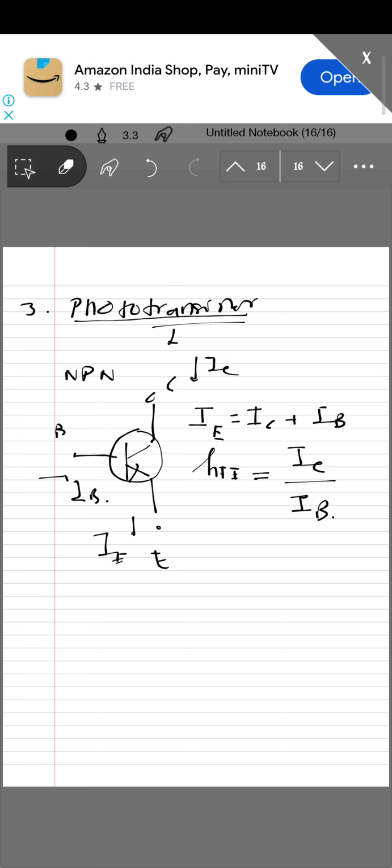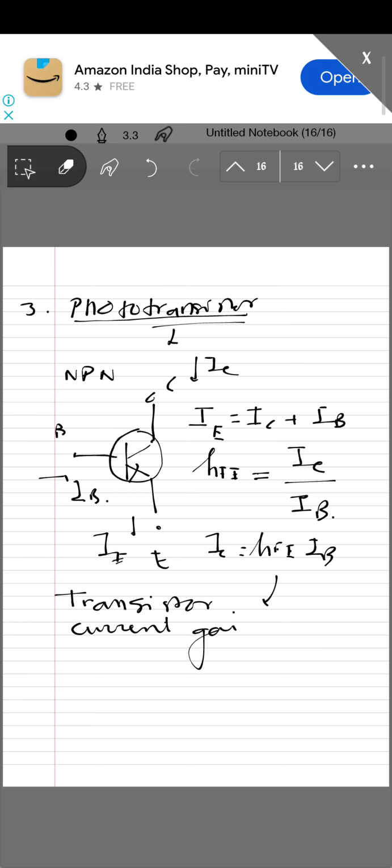So we can write IC is equal to HFE times IB, and it is known as the transistor current gain.